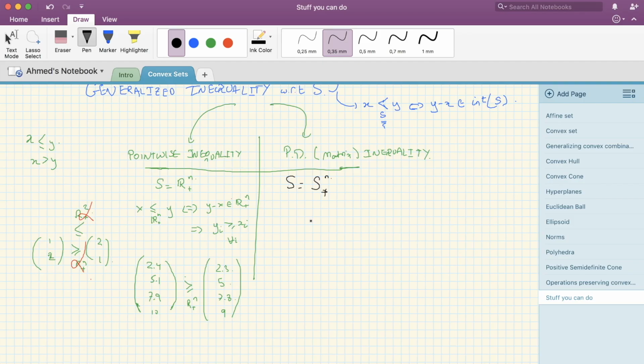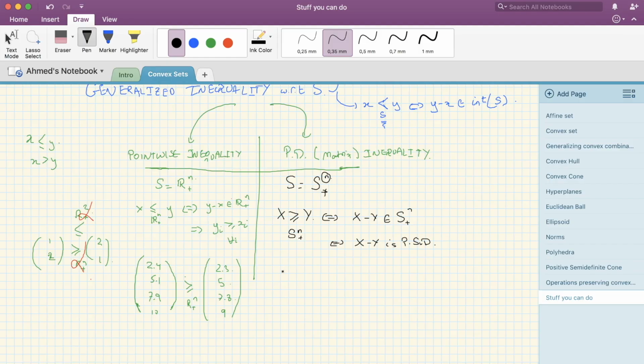We used it previously when we said x is greater than or equal to a matrix y, both of size n by n, because we're in the space of n. In the sense of S plus n, this is equivalent to saying that x minus y belongs to S plus n, which is also equivalent to saying that x minus y is PSD, symmetric as well.